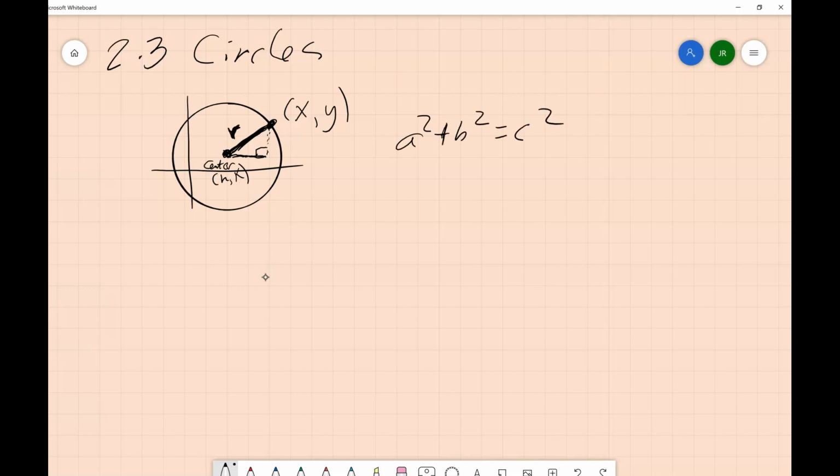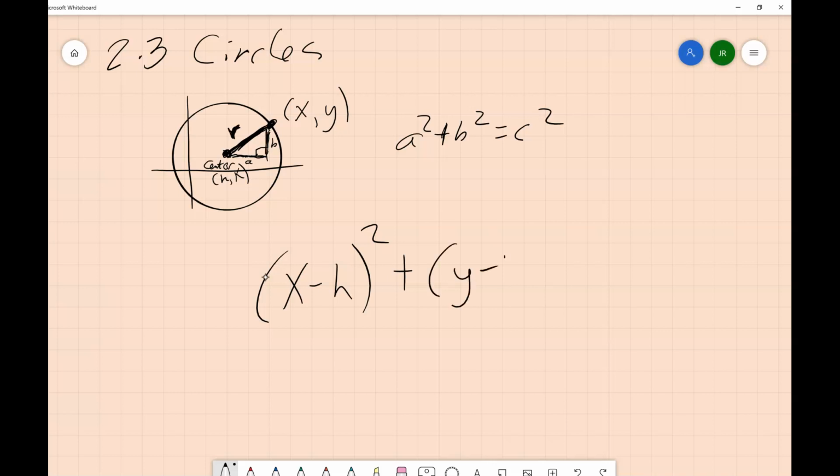If we call this A and this B, then A right there is the difference between x and h. So it is x minus h, and we're going to say x minus h squared because it's a squared. And then b right here is the difference between y and k.